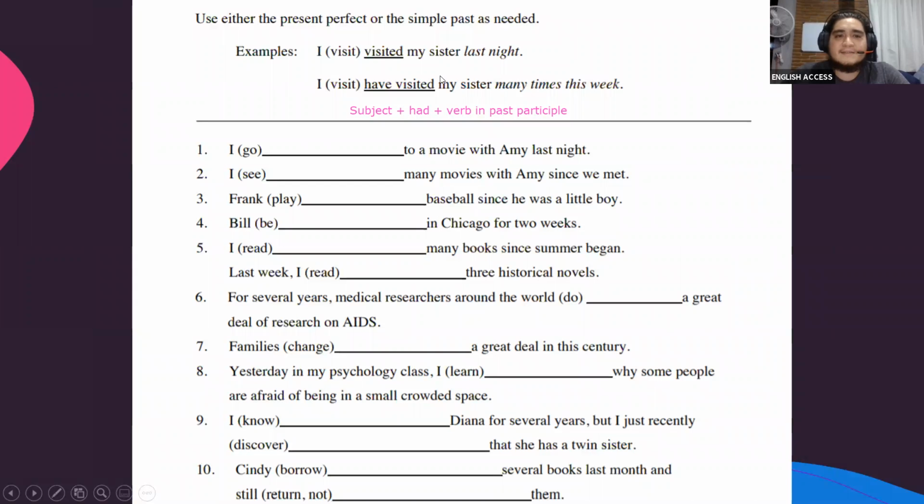Now, here we have another exercise, right? It says use either the present perfect or the simple past as needed. We have two examples, all right? I visit my sister last night. And the other example is I visit my sister many times this week. As I told you, we have these expressions to help us know the tense.